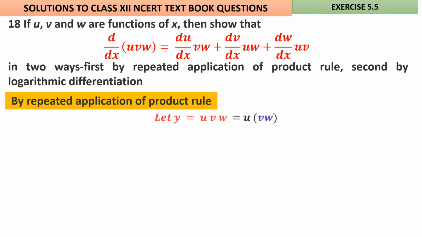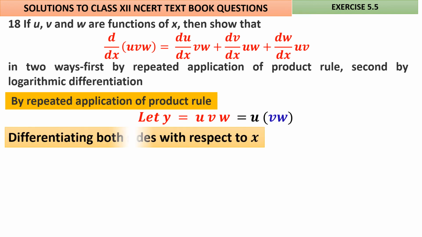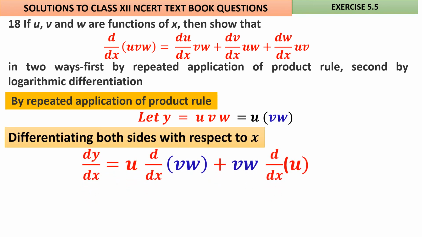By repeated application of the product rule, what do we mean by that? We know the product rule for the product of two functions. So let us take u as the first function and vw as the second function. Then how will you differentiate? Keep u, differentiate vw, and keep vw and differentiate u.